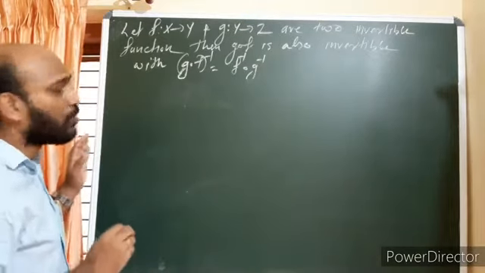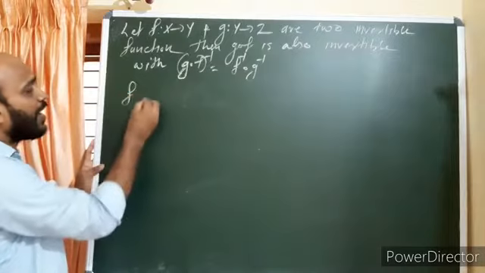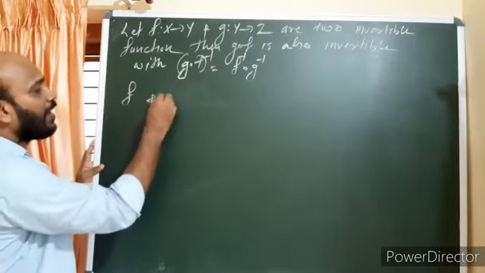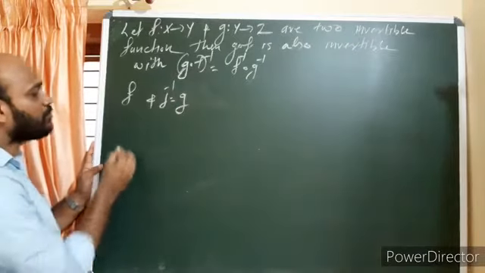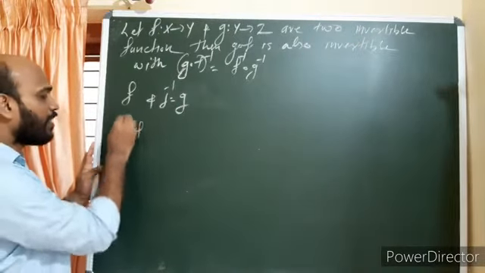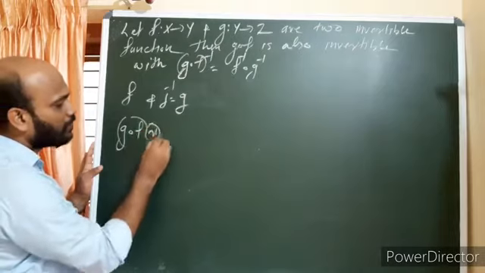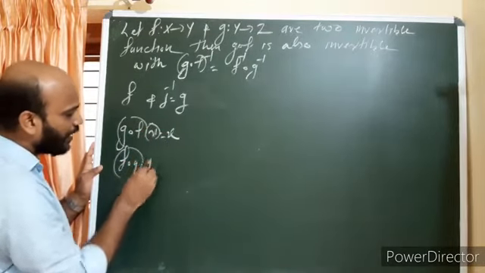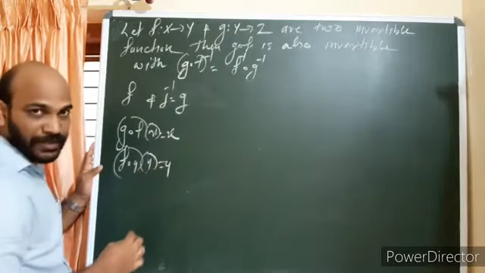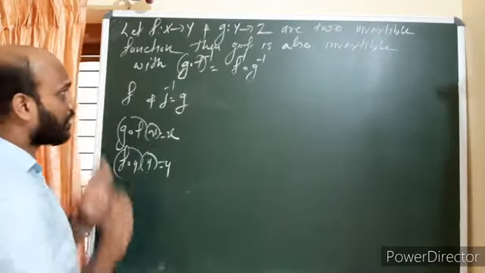Now by the composition method, how are we proving that f is invertible and f inverse equal to g? For that you have to show that g of f of x equal to x and f of g of y equal to y. Right. The same method you have to use here also.